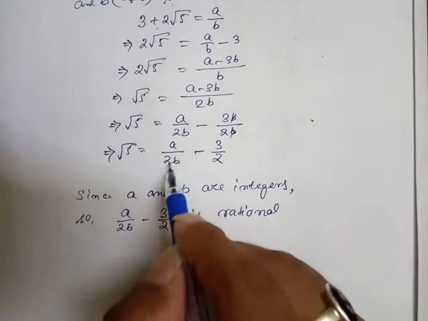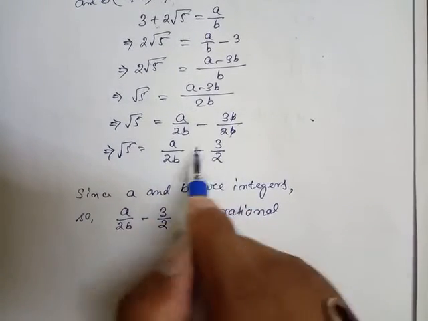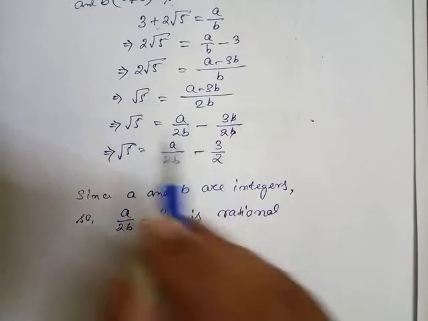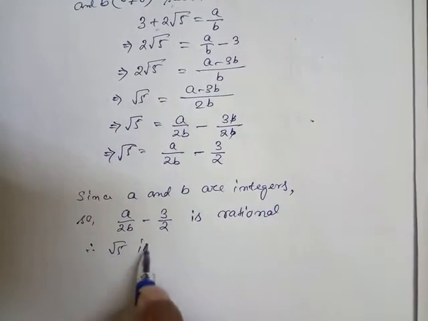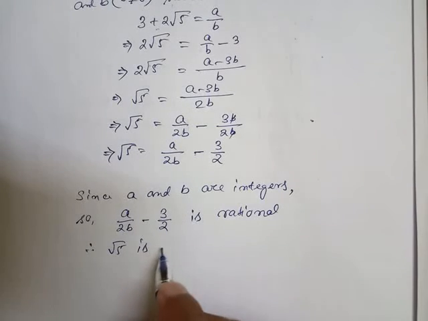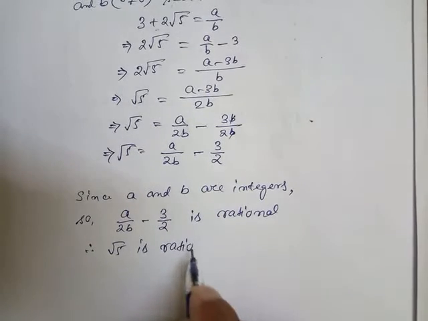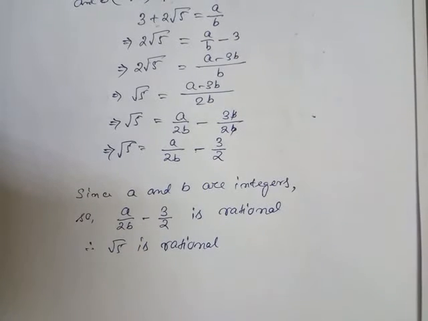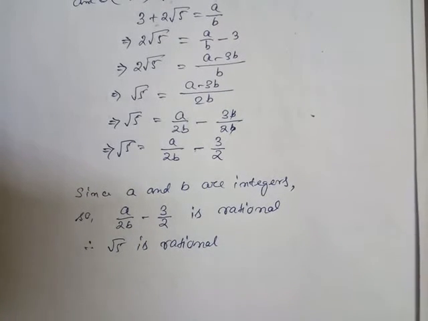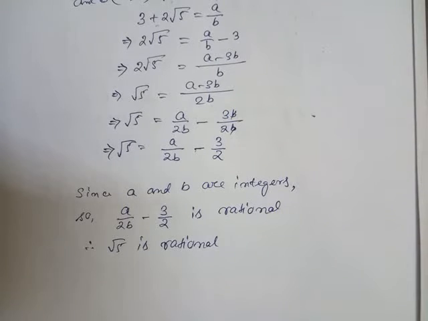And if A by 2B minus 3 by 2 is rational, which means root 5 is also rational. Therefore root 5 is rational. But student, this contradicts the fact that root 5 is irrational. In my last video I proved that root 5 is irrational.